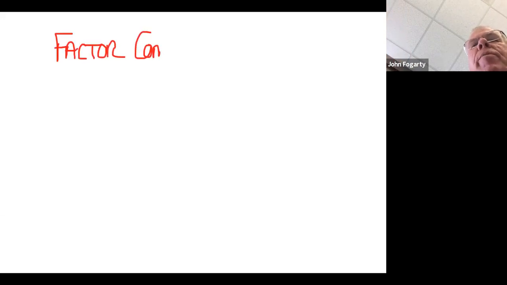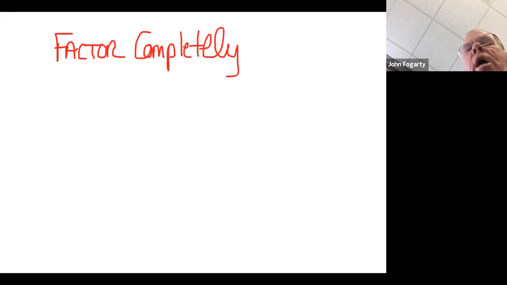The last thing we said we were going to go over was this thing called factor completely. All right, now, what that simply means is that once you factor something, you make sure that what you factored can't be factored, right? So you make sure your factors can't be factored.